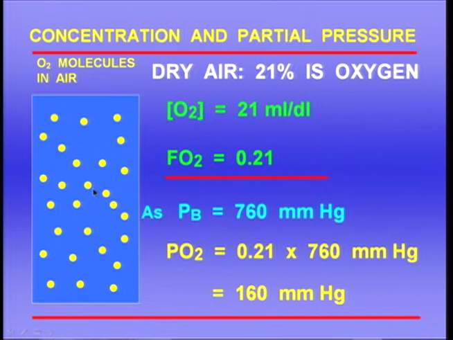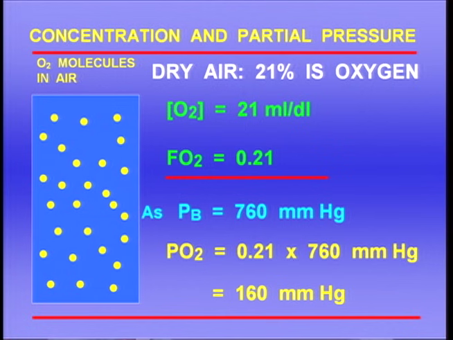And I'm going to start by looking at some of the important concepts having to do with the gases, the concentrations, partial pressures, and so on. And here we have a sample of air, dry air, at sea level, and the concentration of oxygen is 21%. That means that of all the molecules, 21% of the molecules are oxygen molecules.